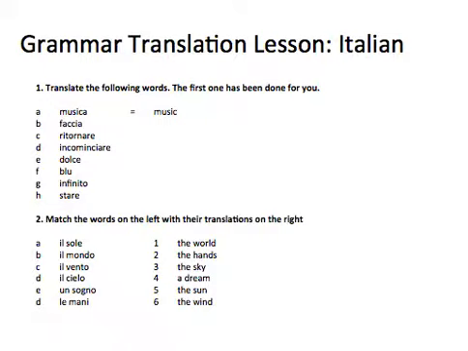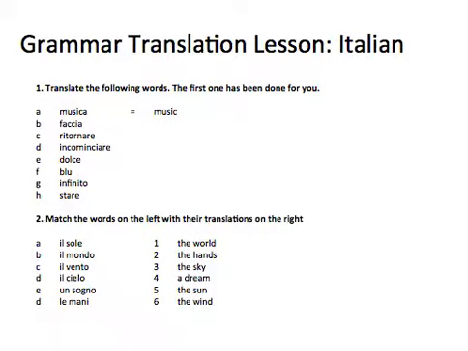Faccia, face; ritornare, return; incominciare, to begin or commence; dolce you probably know as sweet; blu is blue, the color blue; infinito, infinite, infinity. Stare is another form of two words for to be, so stare is stay or be.